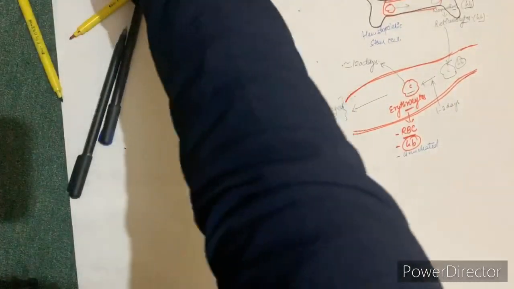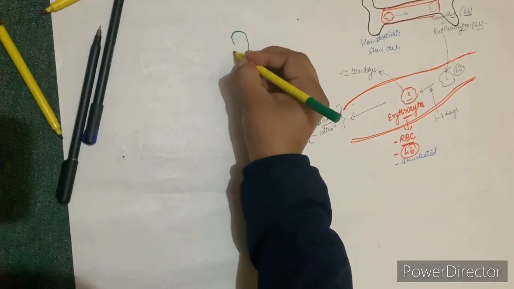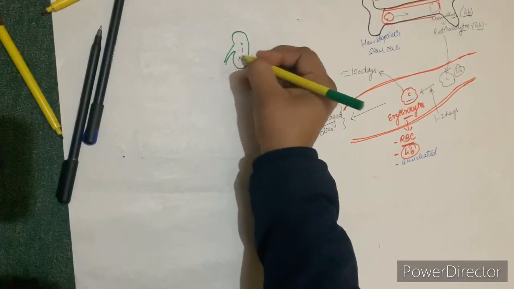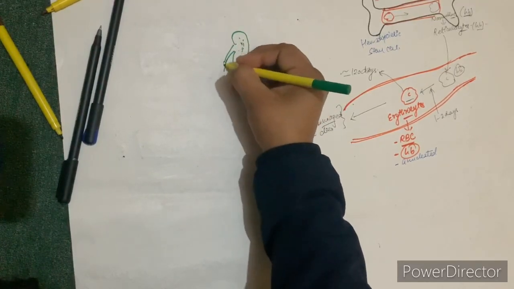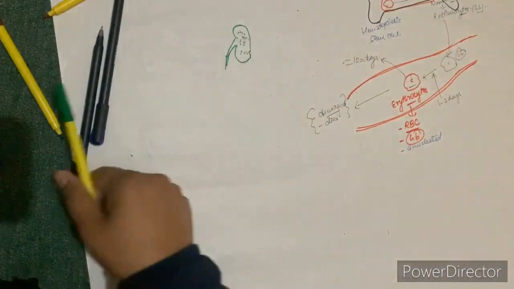So here is our spleen. I really don't know how to draw a spleen. This is the spleen, not kidney. It looks like a kidney, but it is the spleen.